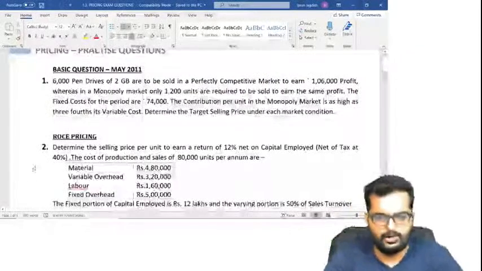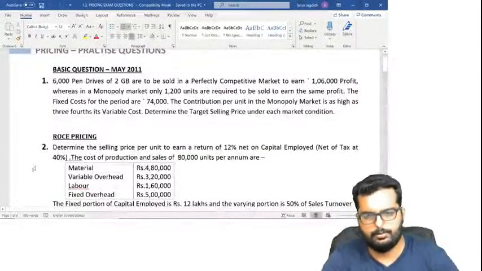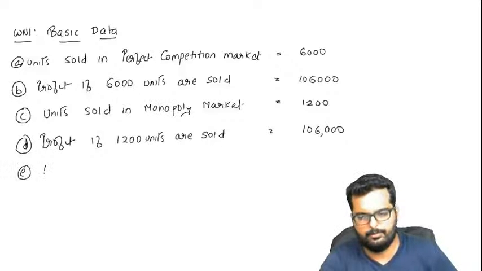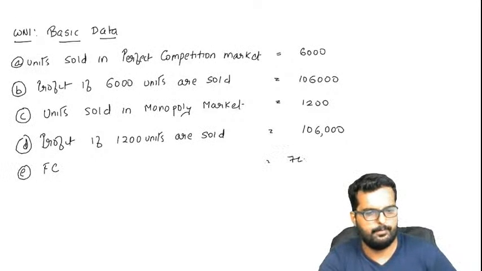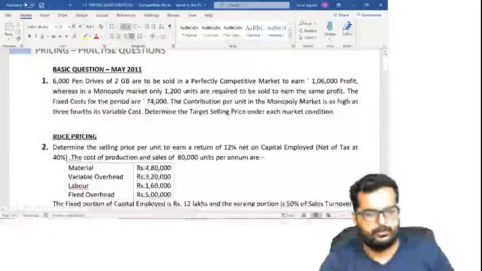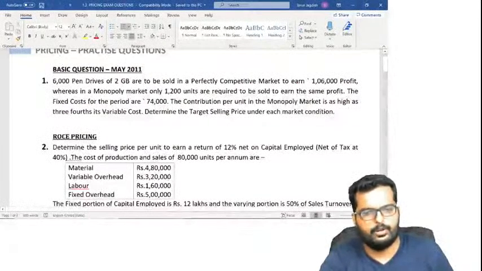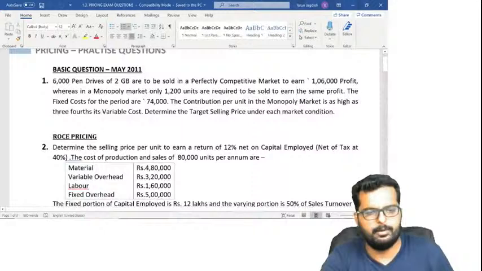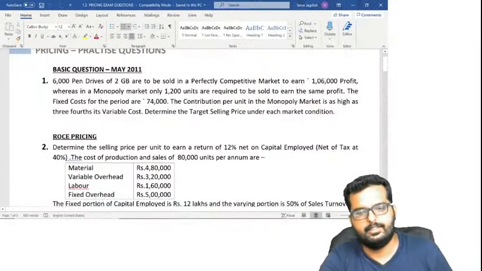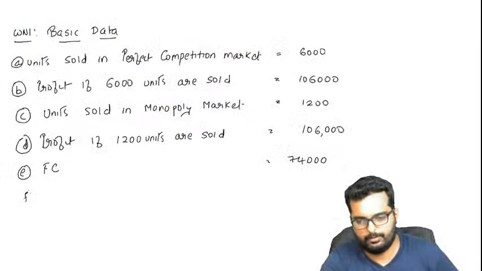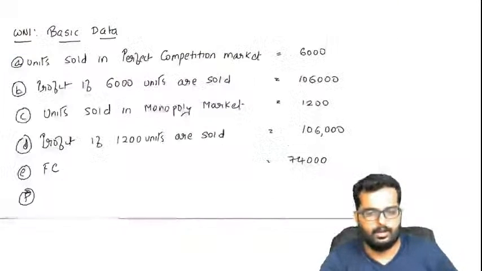Correct? Down let's go. The fixed cost for the period is how much? 74,000. Fixed cost 74,000. The contribution per unit in the monopoly market is as high as 3/4 of its variable cost. So here I'll put it this way.